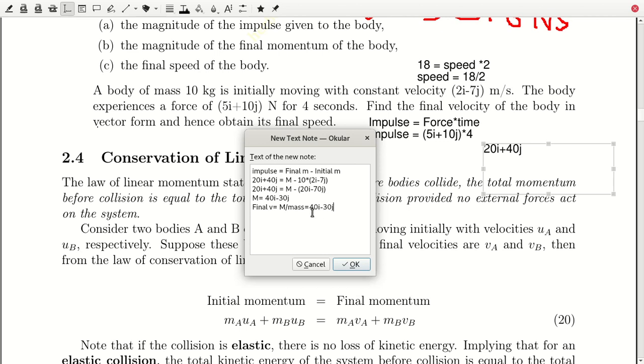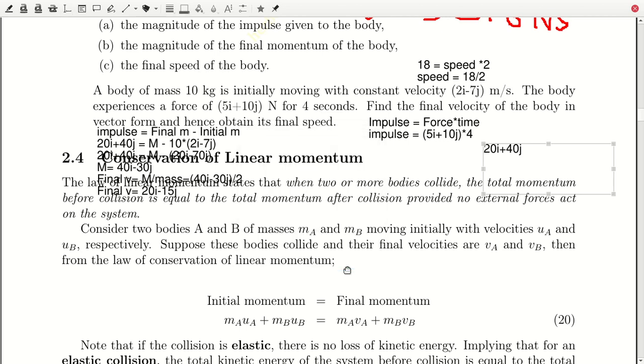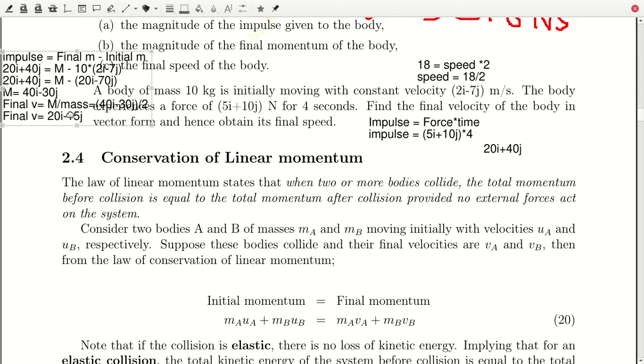Then we divide the whole thing by our mass, which was 2. So it means our final V will be 20I minus 15J. That will be, as we shall do that part.